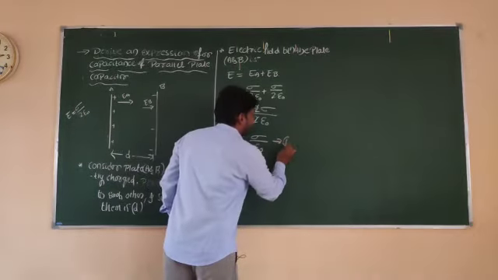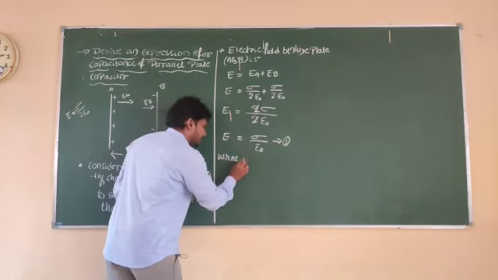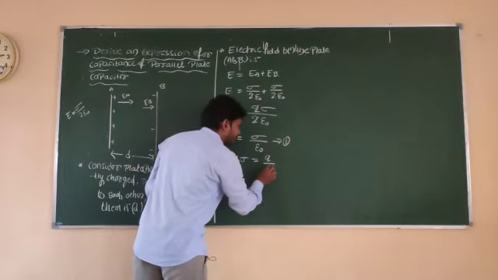Shall I take this equation, for example, as equation 1, where sigma is equal to Q by A?